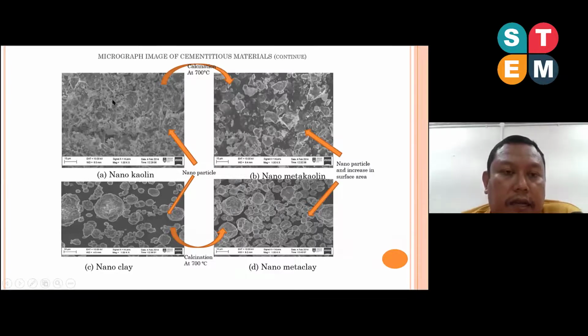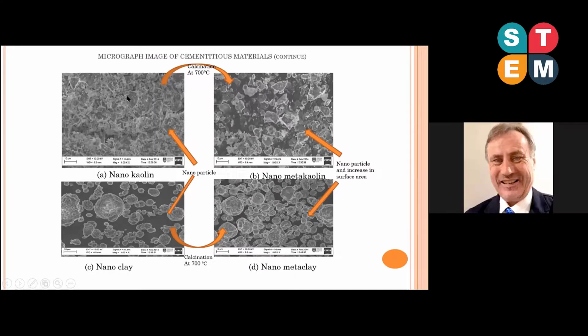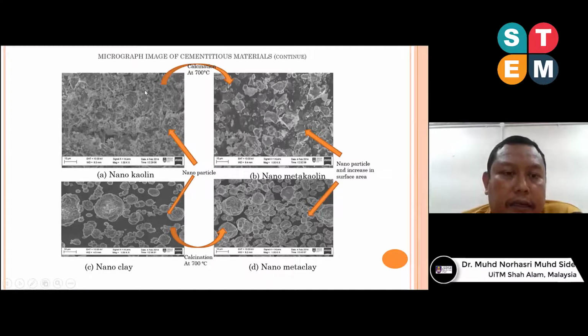On the left side of this screen is the packed component of nanokaolin after the milling process. But again, as I stated earlier, nanokaolin is not reactive.